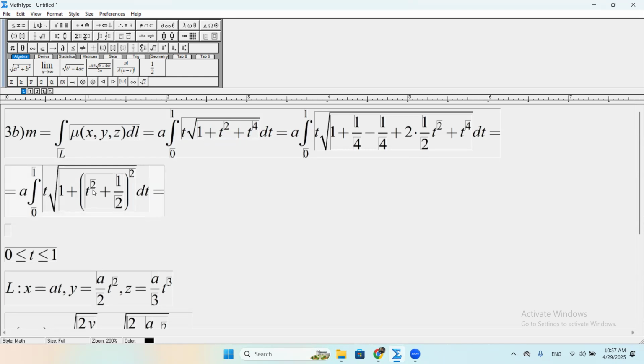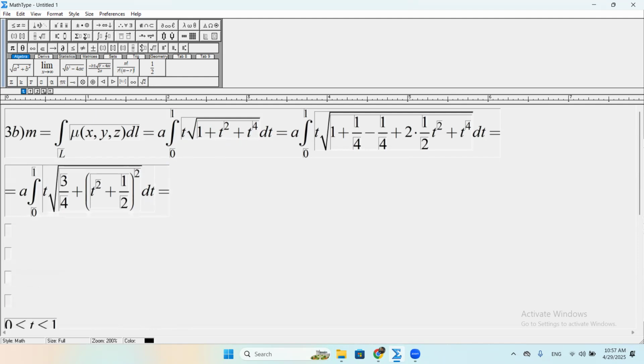Yeah, let's verify. So t in power of 4 plus, yeah, it will be, and here, 3 over 4.